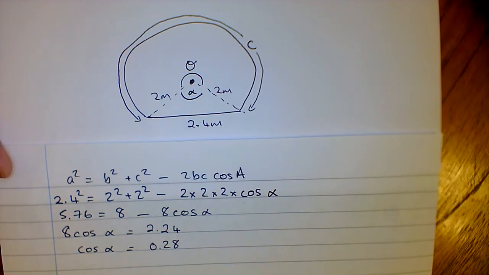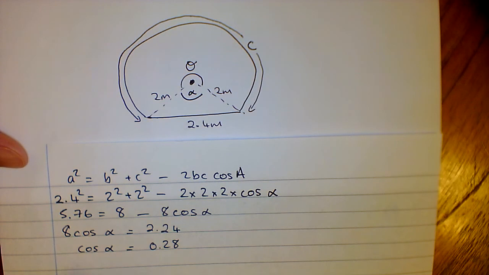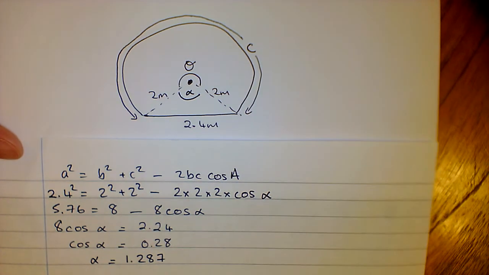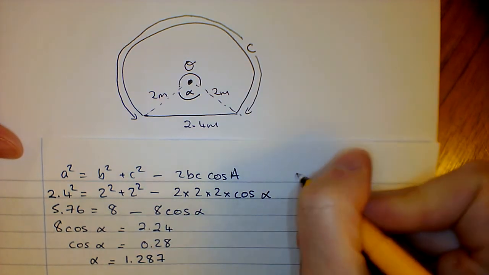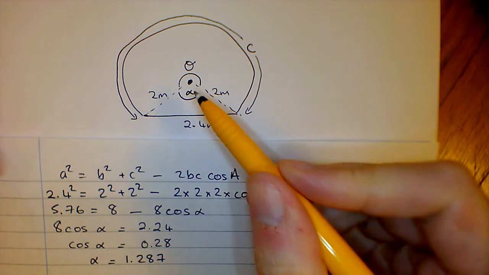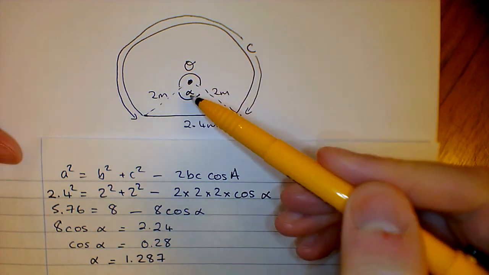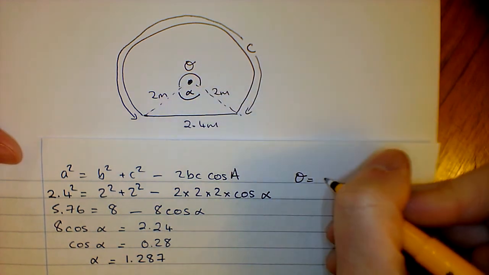And then remember to have your calculator in radians mode, and you get that alpha is 1.287 radians. So theta then is going to be, remember they have to add up to 360, or 2 pi.